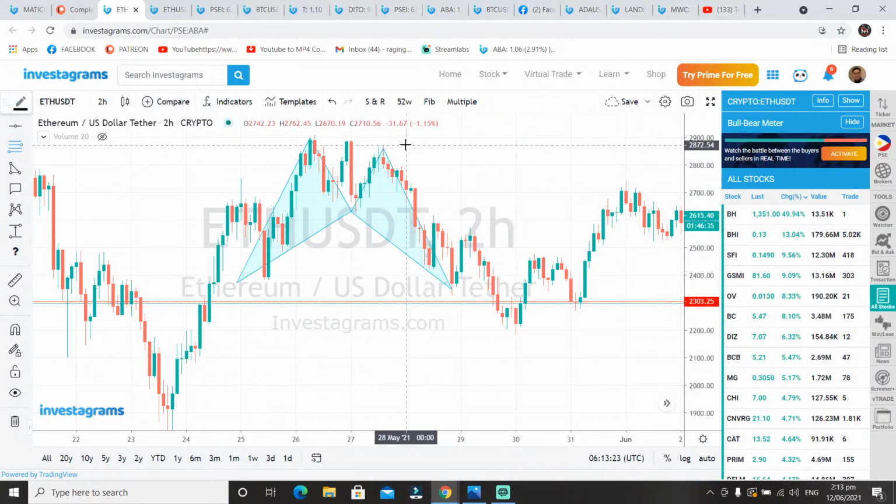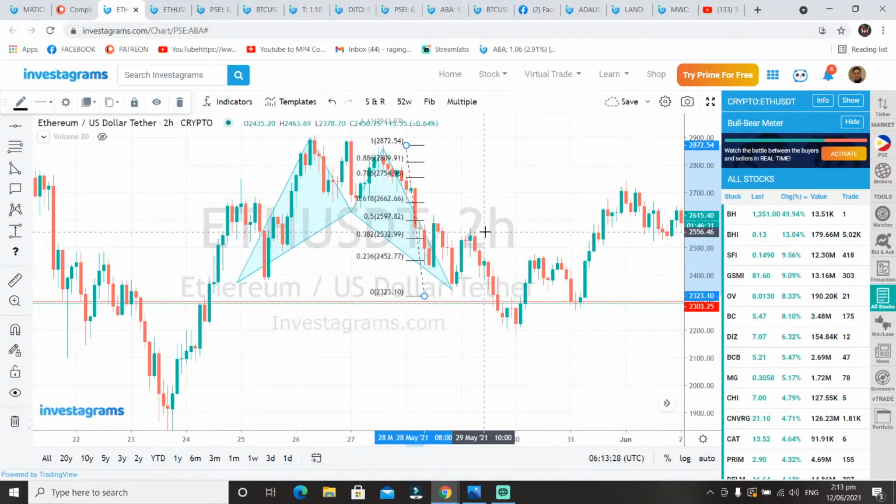From here to here, it should make a bounce of at least 61%, I don't know, or a third. Usually X, A, then B should be at least 61%, at least 38%. Okay, actually I just got confused on the previous one, but I'll get back to that again.